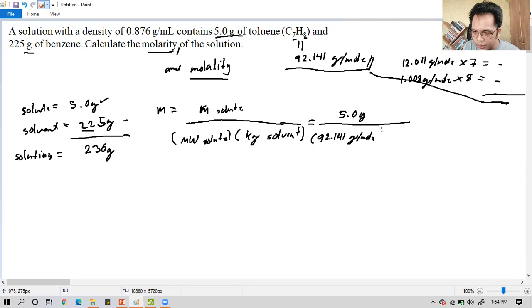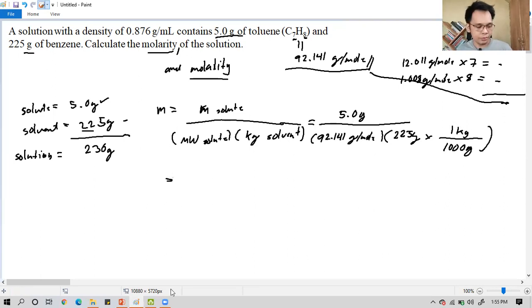grams per mole times, what is the solvent? 225 grams. Of course, we are looking for kilograms, so we have to convert it again: 1,000 grams per 1 kilogram. So direct calculation is also used here.